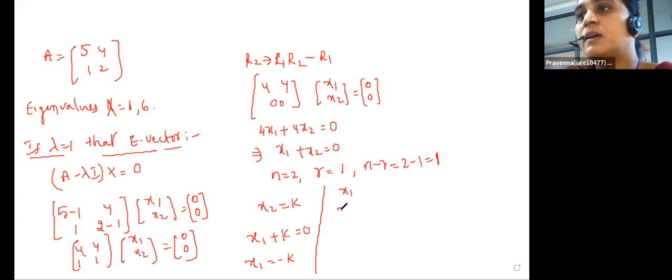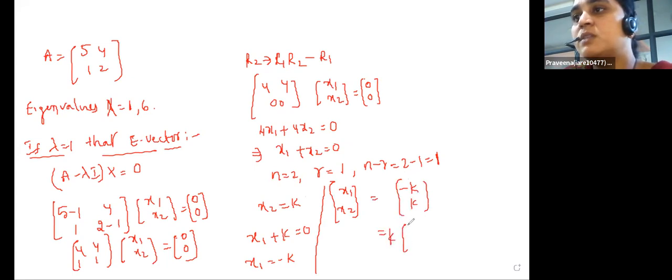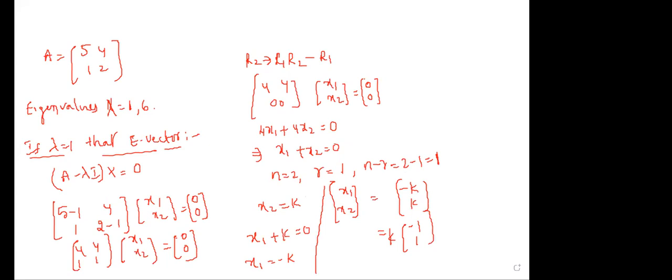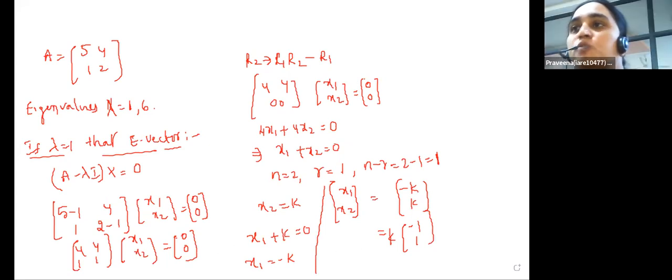Therefore, the eigenvector x1, x2 is minus k and k. Taking k outside, -1, 1 is the eigenvector. Next eigenvector: 4, 1. Okay, how many have finished the 2 eigenvectors for the corresponding eigenvalues 1 and 6?